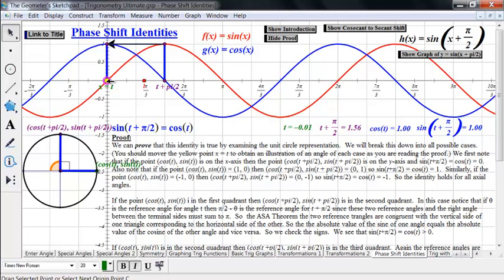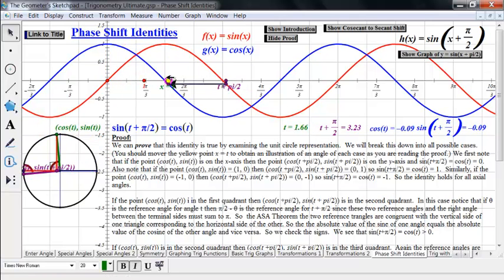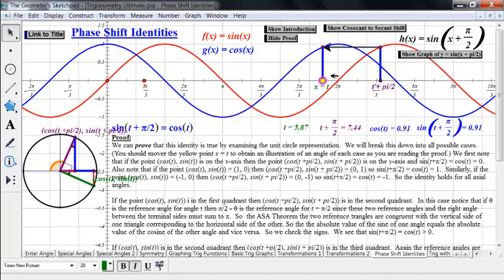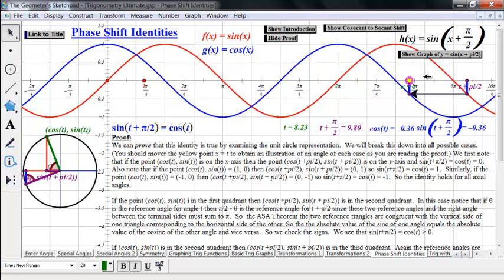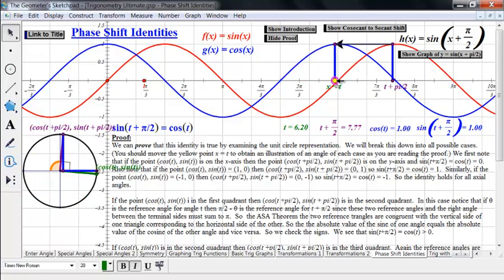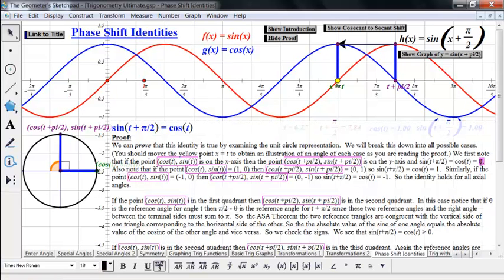So that would be like here at 0 or at pi, any multiple of pi, or 2 pi, or 3 pi, any integer multiple of pi, we're going to end up on the x-axis. And when we do that, we notice that the two blue links are 1, and that's a typo, let's fix that.